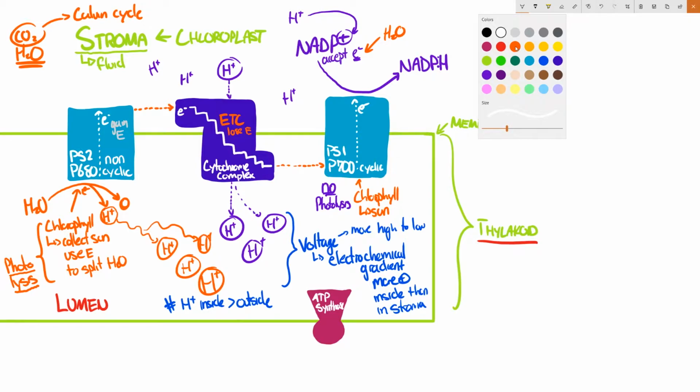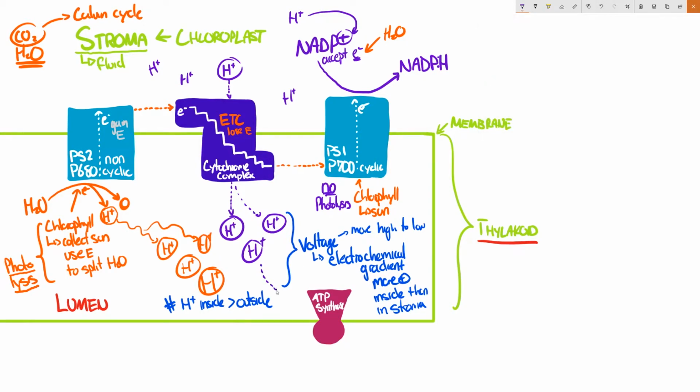So when they pass through, let's say all of these hydrogen ions go through, and they pop out the other side. This process of going down their gradient, across their voltage gradient, is going to be called chemiosmosis.